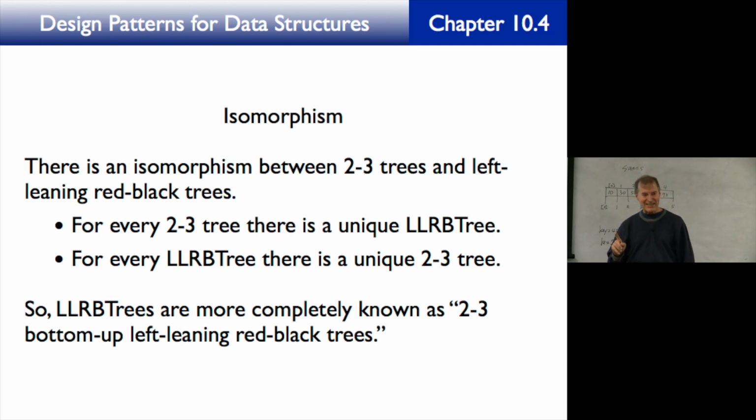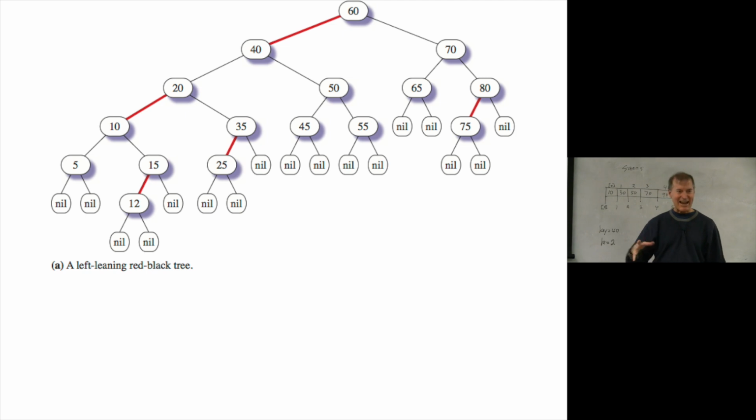Now, watch this. This is really slick. This ties together these 2 different data structures that we've done. Here is a figure of a left-leaning red-black tree. This is the one that we looked at in previous slides. Now, we can verify that this is a left-leaning red-black tree. It's ordered, and by the way, what is the black height of this tree? 3.